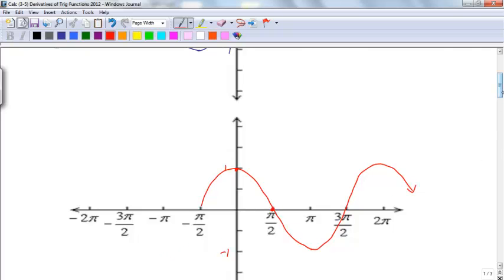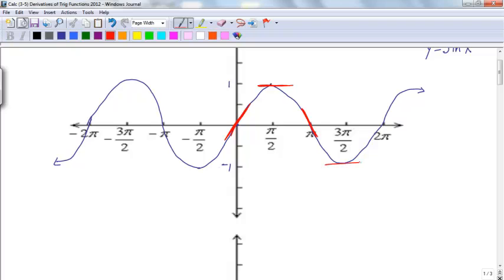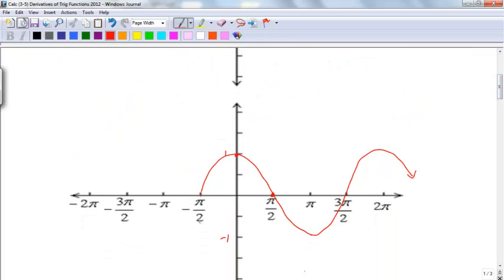And we could do the same thing on the left side. At negative 3 pi over 2 it's at 0. At negative 2 pi it's at 1. Negative pi over 2 it's at 0. At negative pi it would be down to negative 1.